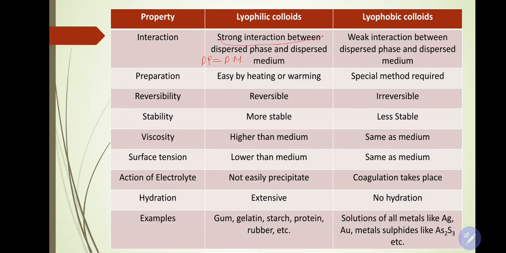That is, they have strong interaction between the dispersed phase and the dispersed medium. Lyophobic means there is very little affinity between the dispersed phase and the dispersed medium, so they have weak interaction between them.